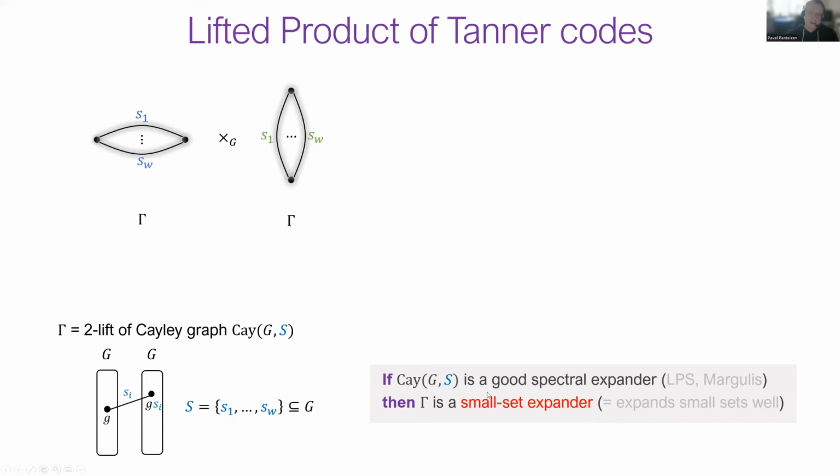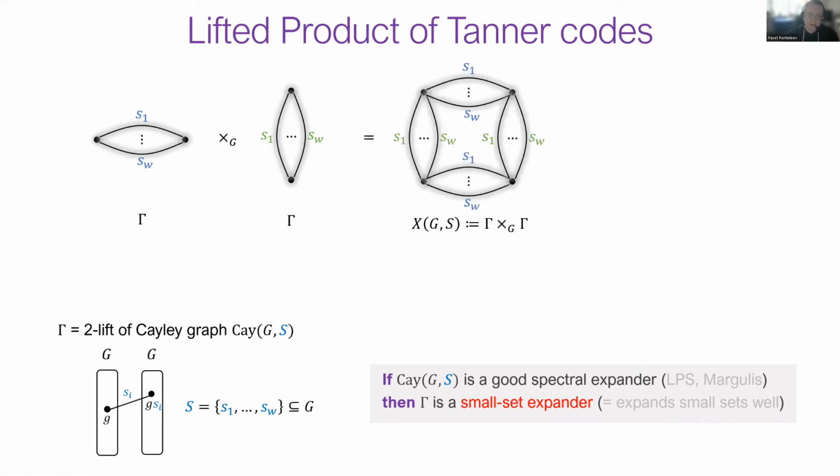And if such a graph is a good spectral expander, then the obtained lift is also a small set expander. Now we apply our lifted product construction and obtain a two-dimensional complex. But these are all graphs, and we need codes. How do we define codes? We use the Tanner graph idea.